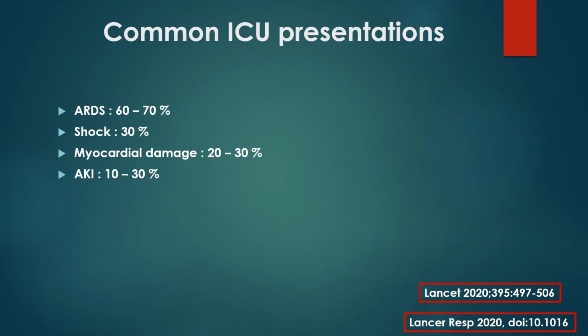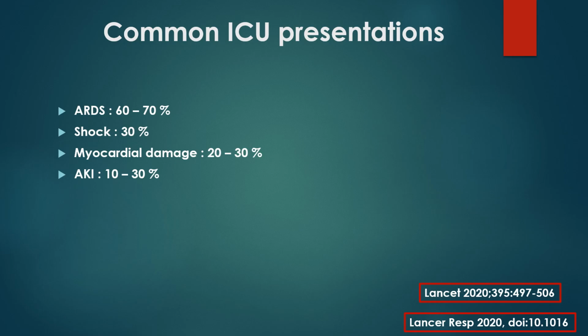As I mentioned, these are the common serious presentations to ICU. As you see here, shock is present in around 30%, and myocardial damage is also present in around 20 to 30%.